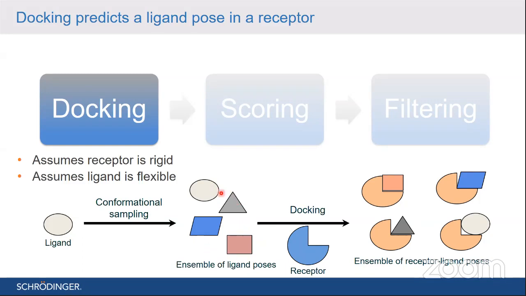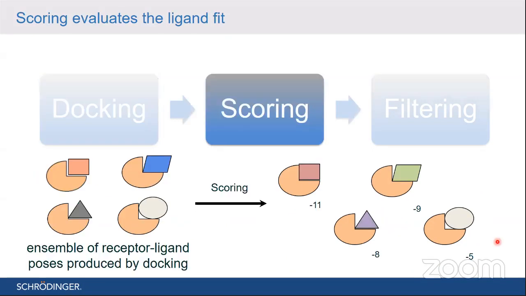Then it performs docking of each conformation of each ligand inside the receptor, and you get the pose of each conformation. You can see here you get a different pose for each conformation of the same ligand. After that, the software assigns scores to each pose.